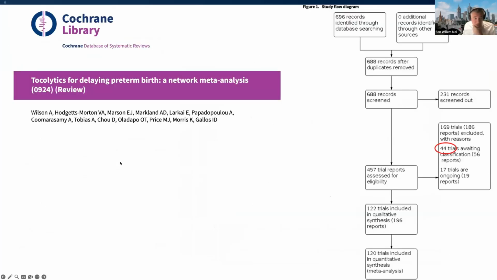Work of others, a meta-analysis on tocolysis to prevent preterm birth. A Cochrane review out of the, what is it? So 122 trials included, but 44, so 25% excluded because they don't trust the data.